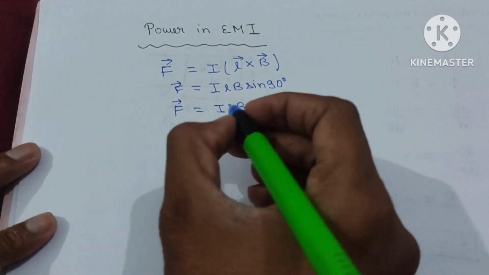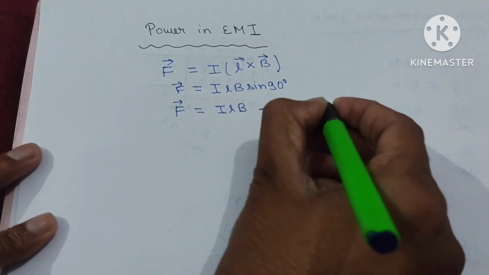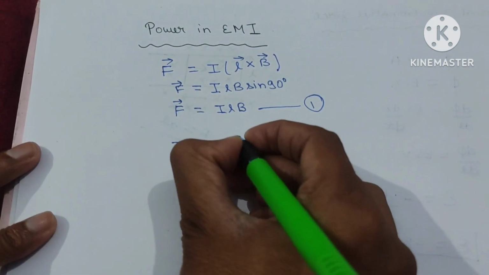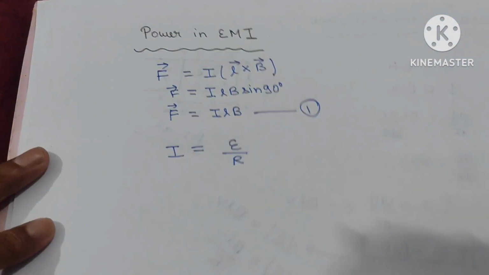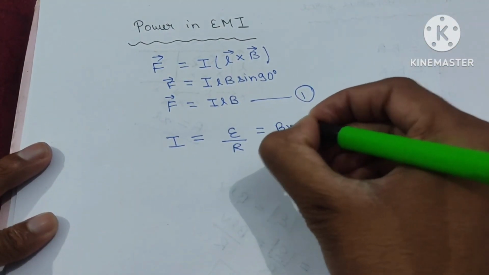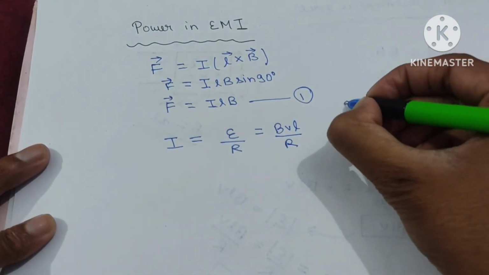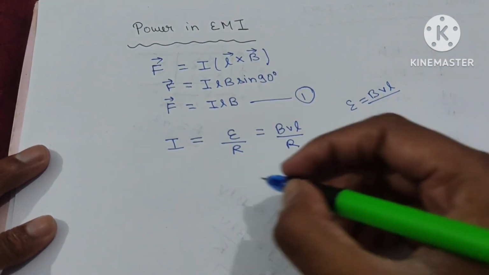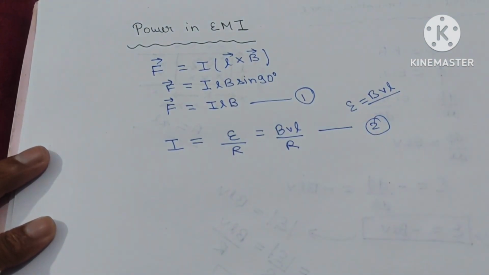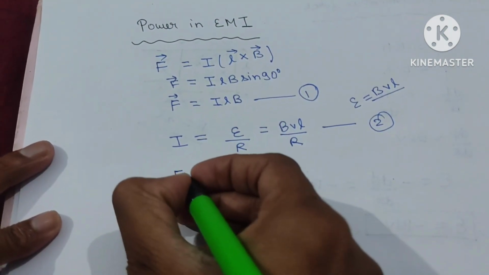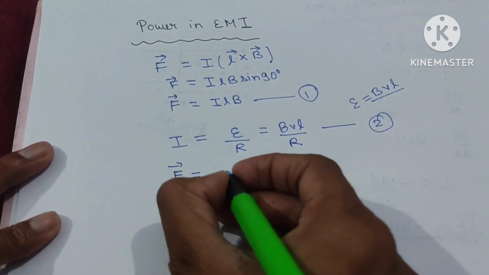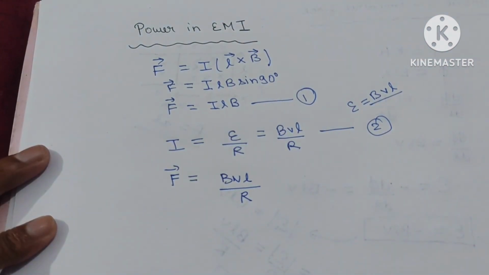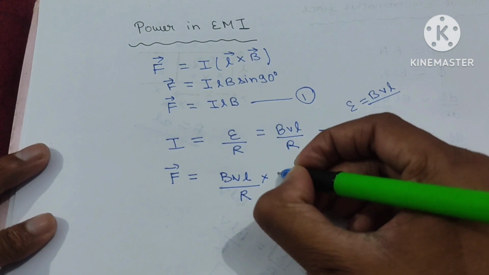Now you take this equation 1, and you should know the current is E by R, which is BLV by R. In the motional form we know EMF is equal to BLV. So put the I value here, so it becomes BLV by R into LB.